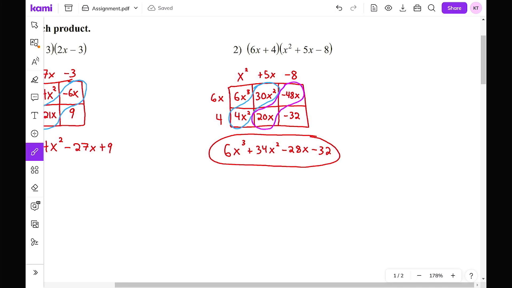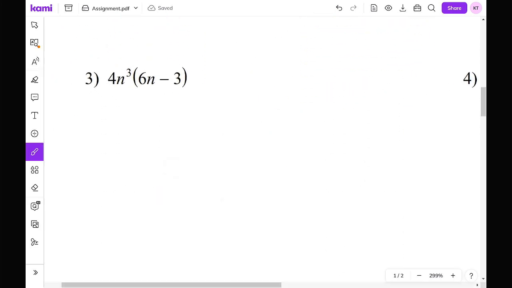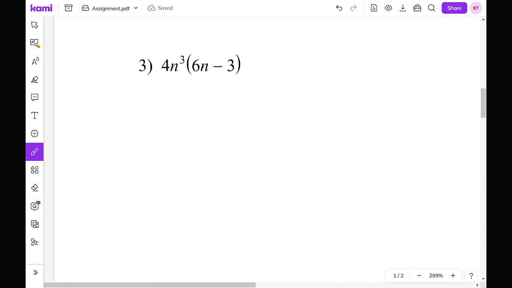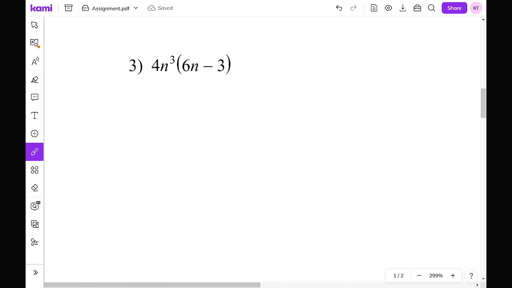All right, for our last examples, we have a monomial times a binomial and a monomial times a trinomial. And here we could go ahead and use a box. In this case, it would be a 1 by 2 box, or in the other question, a 1 by 3 box. But in these cases, I do find it would be easier just to go ahead and distribute.